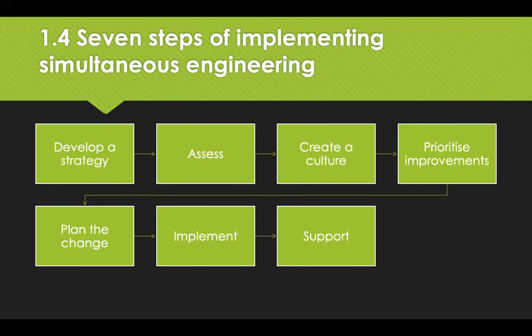Prioritise the improvements based on the results of the assessments at step 2. Plan for the change by involving everybody, setting milestones and analysing the resources that are required. Implement the improved solution, and finally support the implementation.